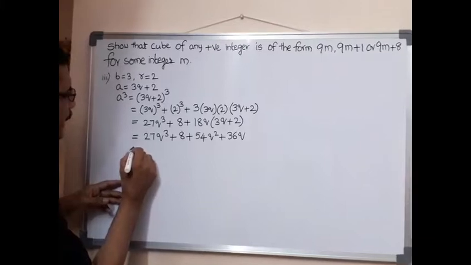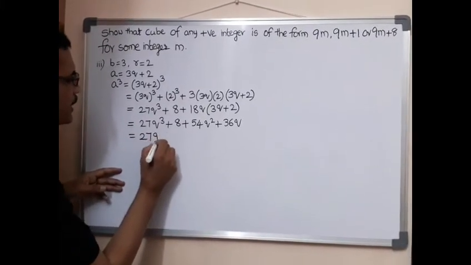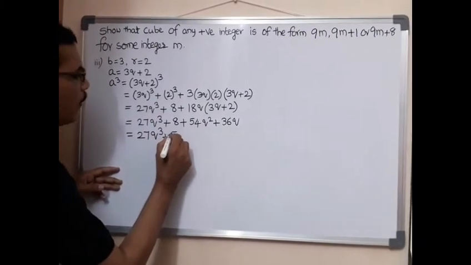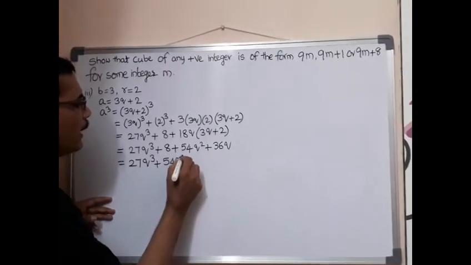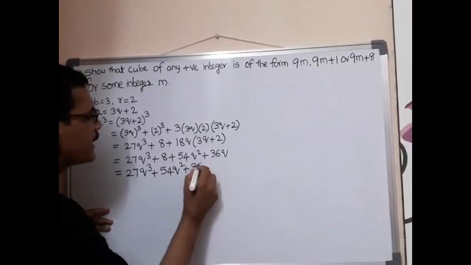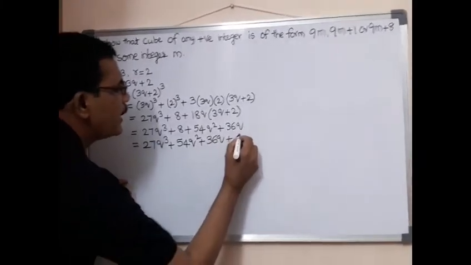Now writing in descending order of powers: 27q cube plus 54q square plus 36q plus 8.